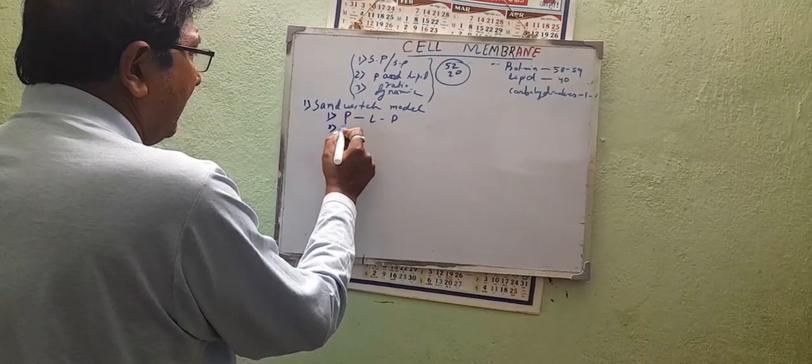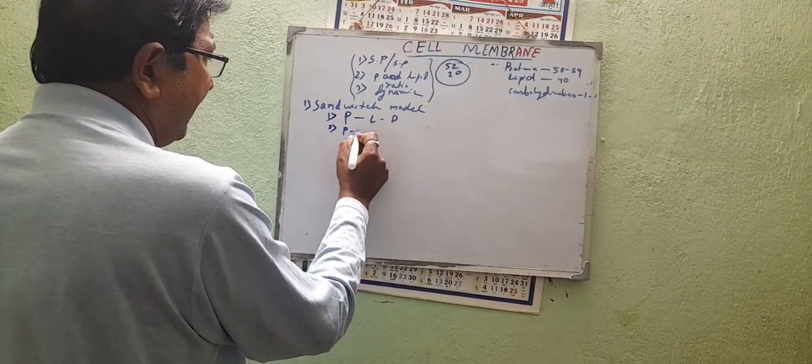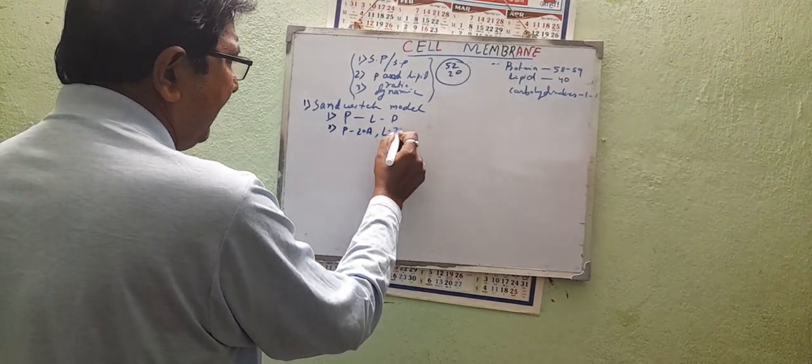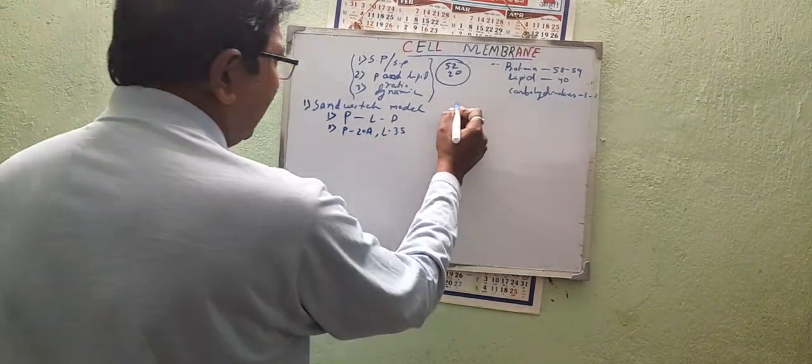Number two, the protein layer thickness is 20 angstrom and the lipid layer thickness is 35 angstrom. How? See this picture.